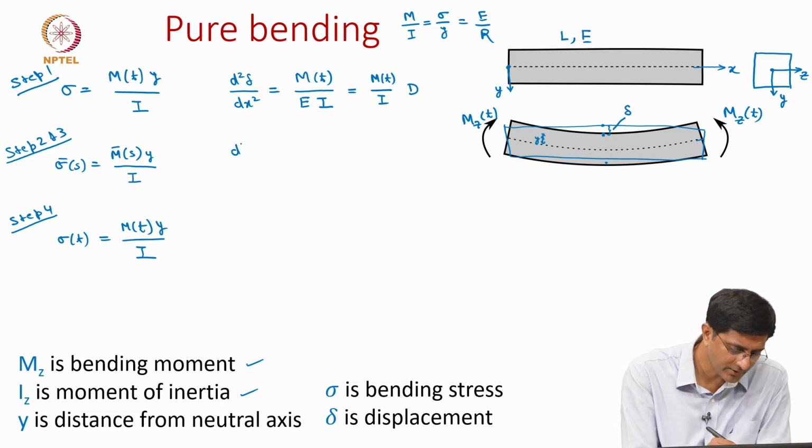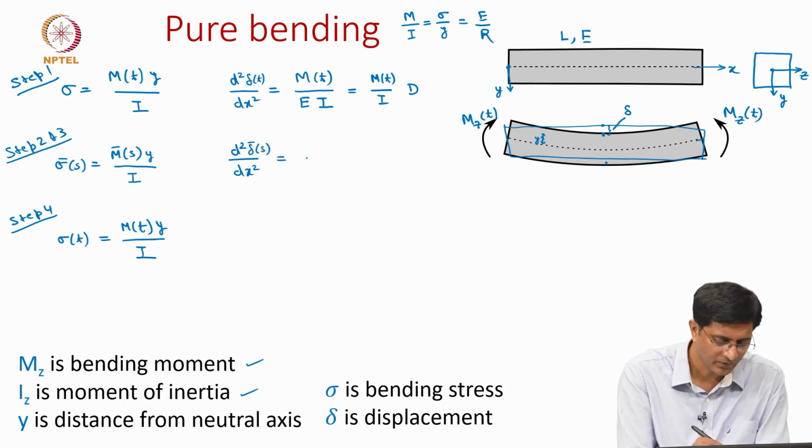So, we will simply write this double derivative and replace delta, which is a function of time, now in the Laplace domain delta of s. So, M of t we will write it as M of s, because it is only a variable, by I is a constant, and D we will replace it with s times D of s.